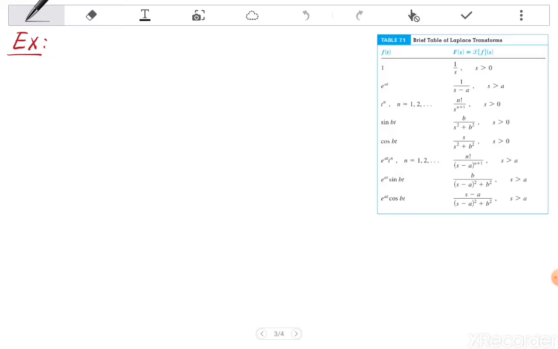Assume that we're given the Laplace transform of some function, 2 over s cubed, and we need to find the original function. So what we do, we go to the Laplace transform table, we look at the right side and try to find a function which is similar to this function.